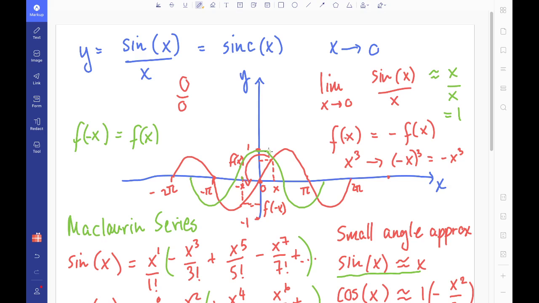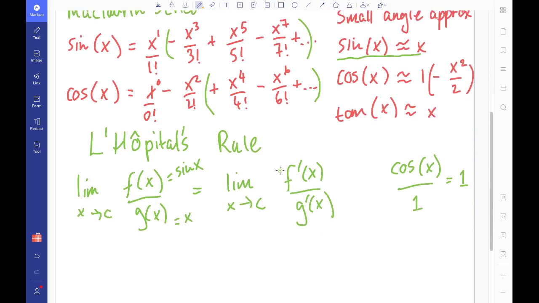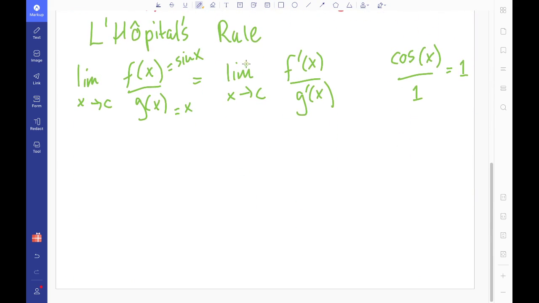Okay, so if I draw these axes again, I'll draw them down here this time. Let's say that's my y-axis, this is my x-axis. I'm looking for the limit as x approaches 0, and I actually know what that limit is.